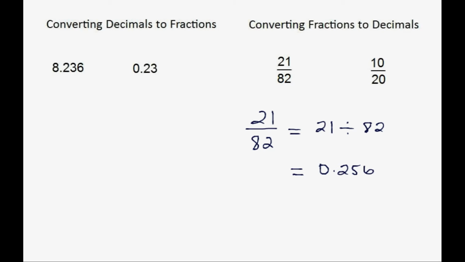Okay, so again, to convert a fraction into a decimal, you're just going to divide the numerator by the denominator. Our second example is 10 over 20. Again, we're just going to divide the numerator by the denominator.